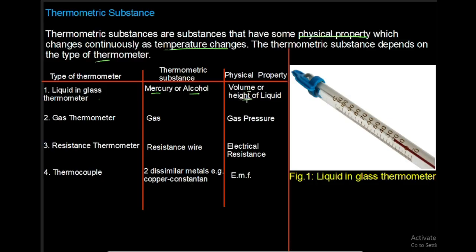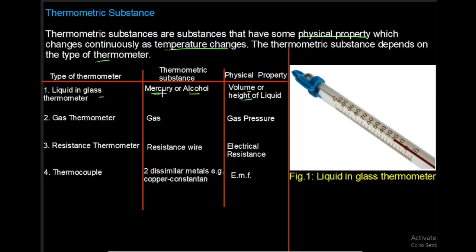Do not forget we said thermometric substances are substances which have some physical property that changes alongside a change in temperature. Mercury or alcohol is a type of thermometric substance found in the liquid in glass thermometer.